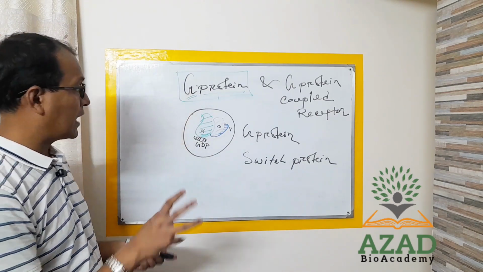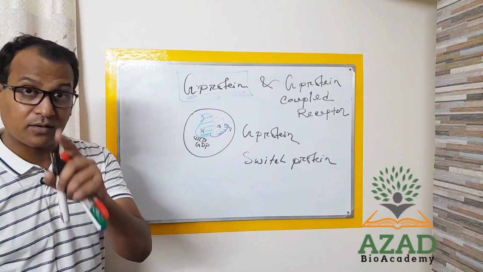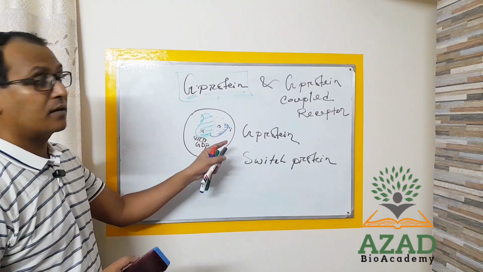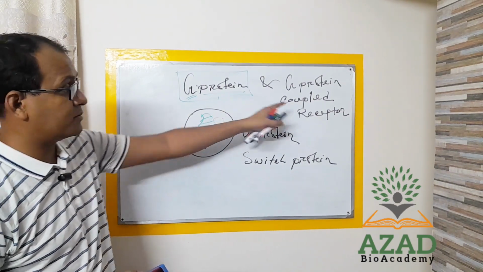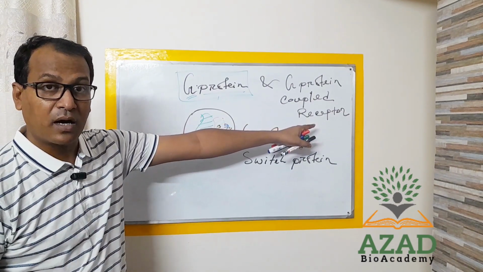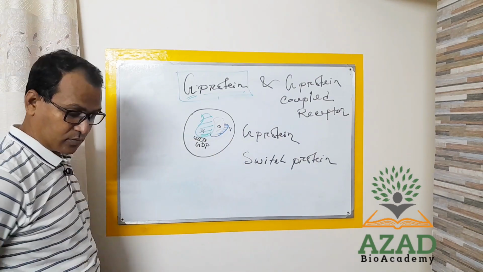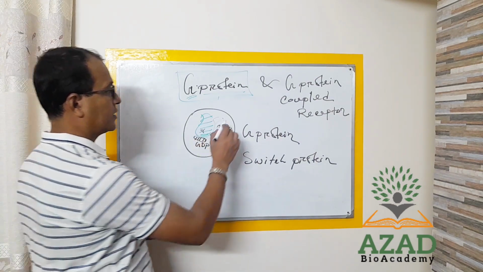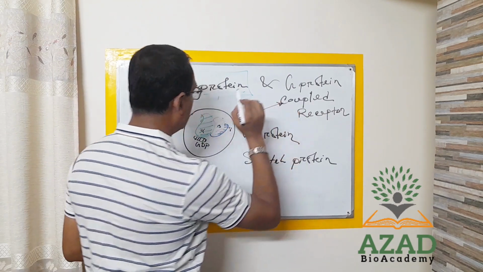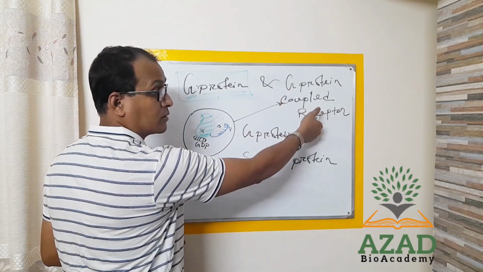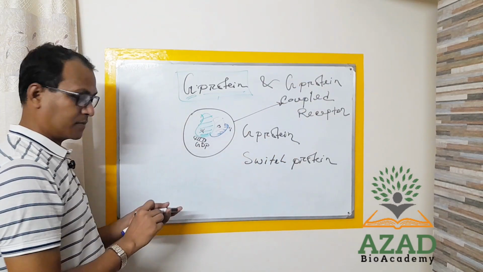So how will it work? That is the question. You have to consider the receptor to which the ligand will bind. So the next topic is the G protein coupled receptor. That G protein will be coupled with the receptor.